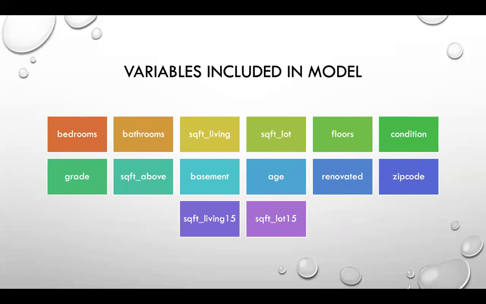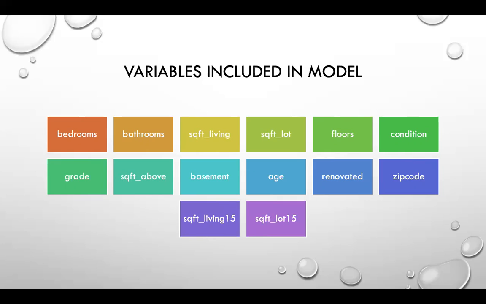Different linear regression models were created with different variables. And at the end, these were the variables which seemed to provide the best outcome. So they were included in the model. As you can see, bedrooms, bathrooms, square foot living.